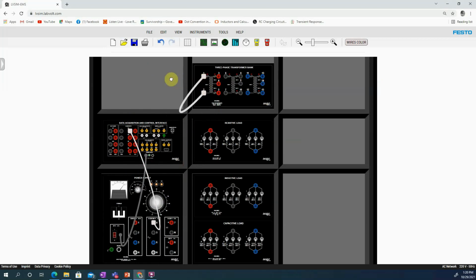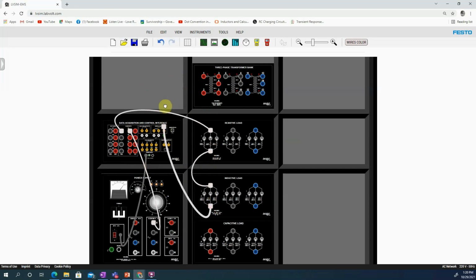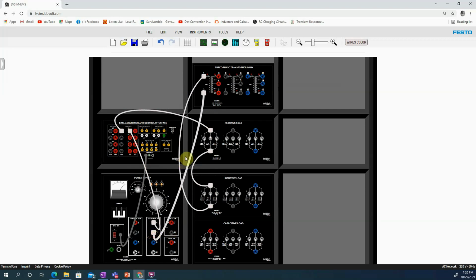Okay. So from here, negative into the resistance, so I have to switch on this. It's 2200, and from here to the inductive load, and from here going to the primary, and the other side here will go back to the source.